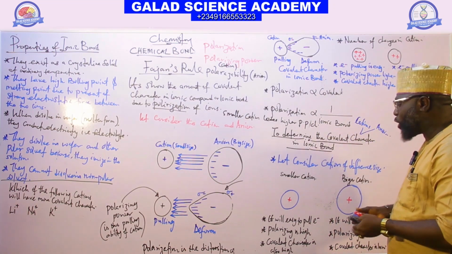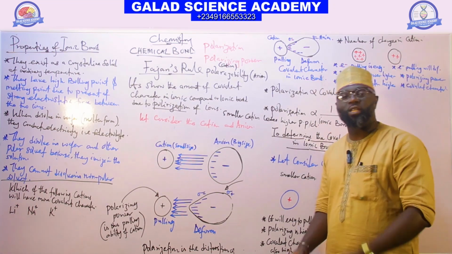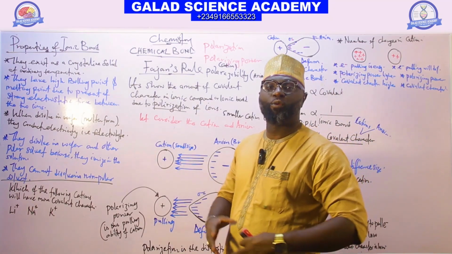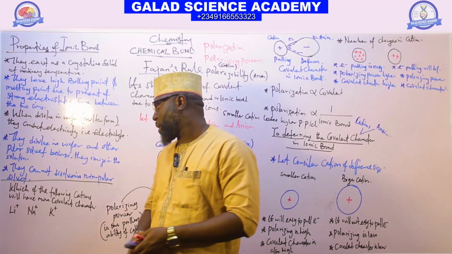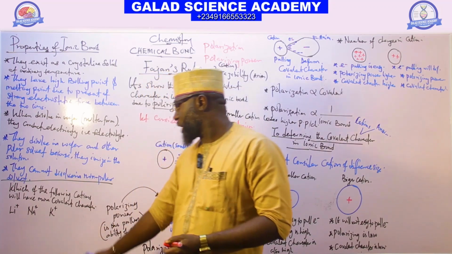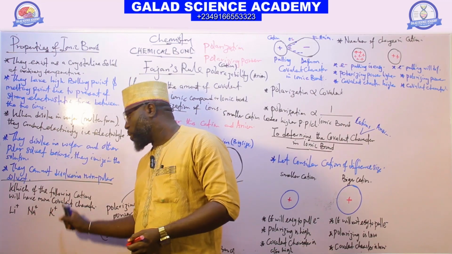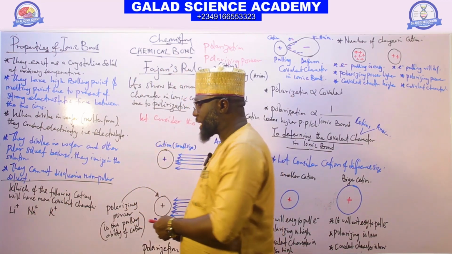So a cation of small size must experience big covalent character, and we also have higher polarizing power. So to solve this, we have to find which of the following ions has the more covalent character. Check it now.